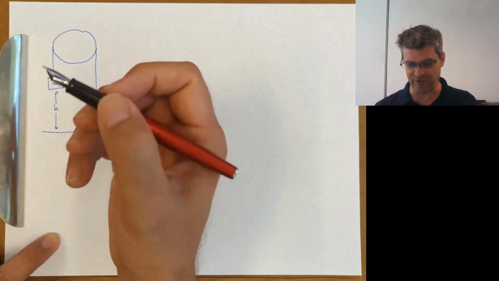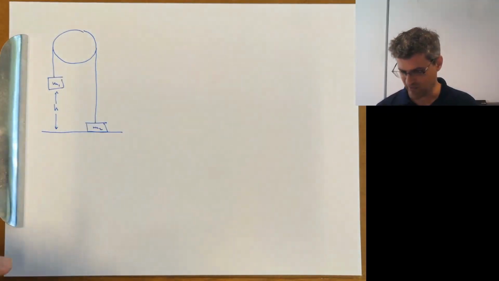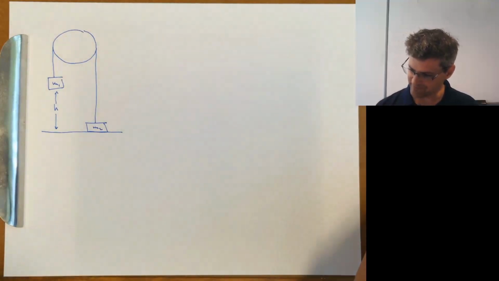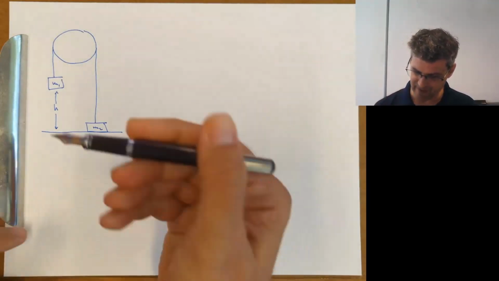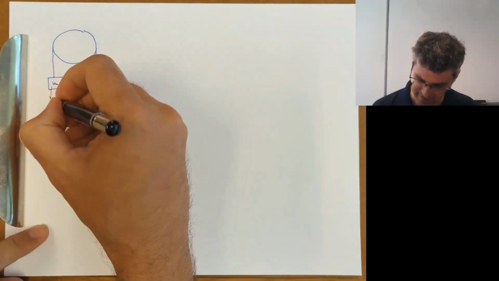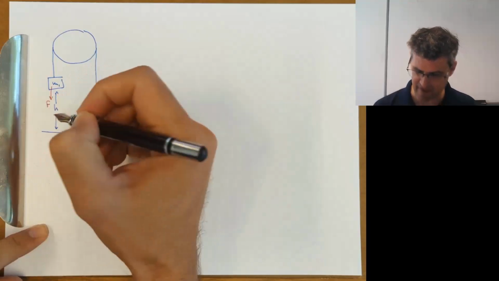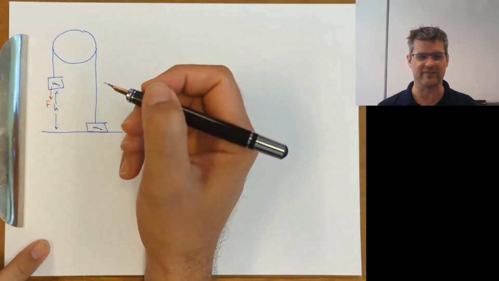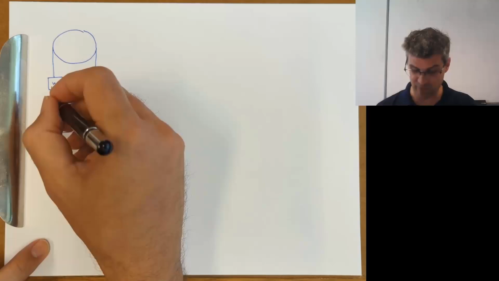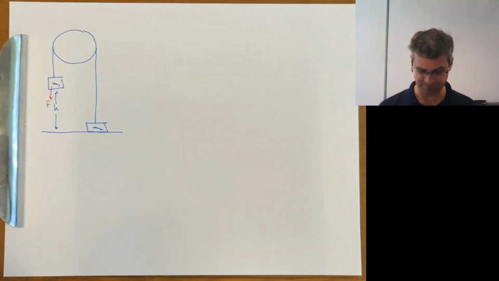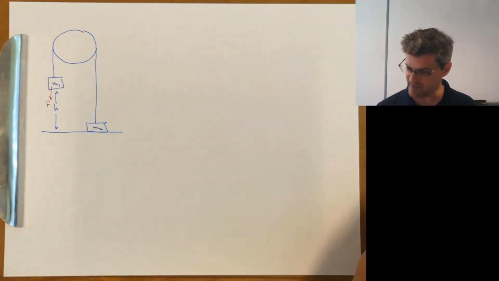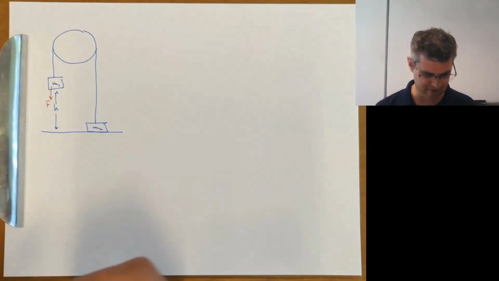In addition, I'm going to apply one more force. I am going to pull down on M1 with some force F. And let's say we know a couple of things.